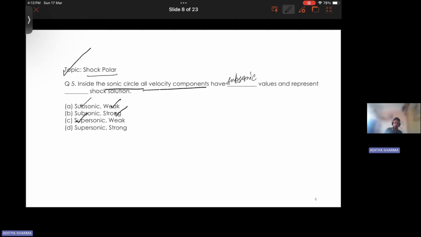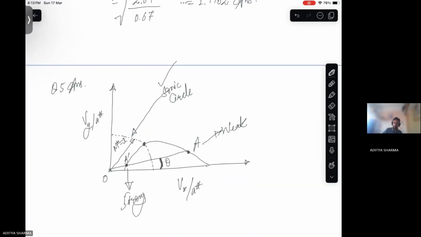So to the left of this theta max, right? If we say that this is our theta max value, in that case, left to the point B in shock polar, we have strong oblique shock solutions, and to the right of B, we have weak oblique shock solutions.